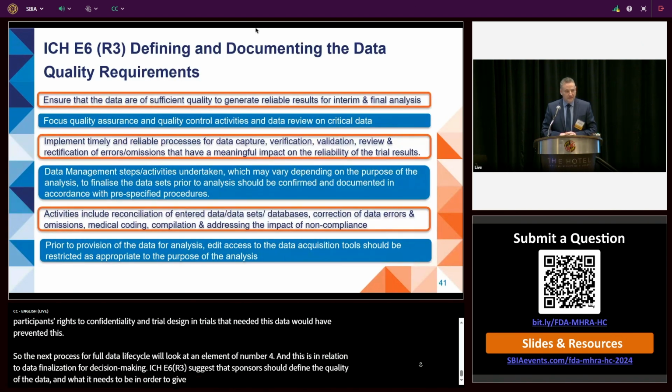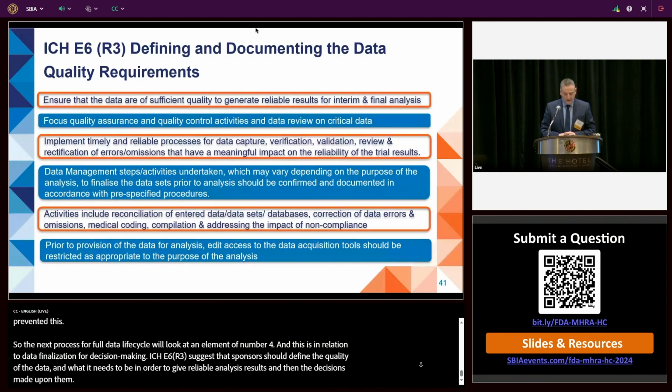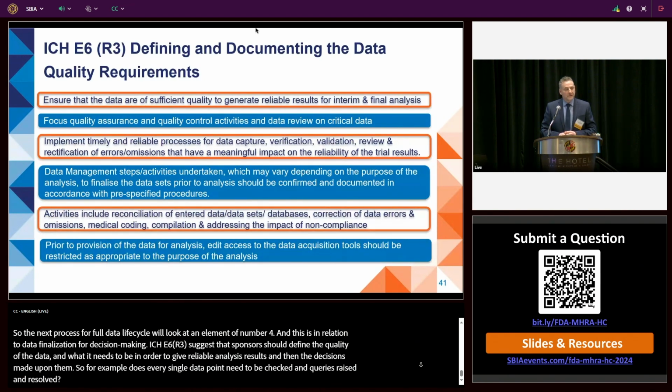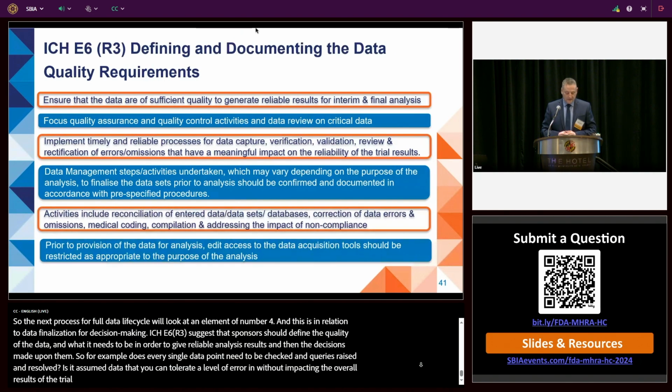So, for example, does every single data point need to be checked and queries raised and resolved? Is there some data that you can tolerate a level of error or variability in without actually impacting the overall results of the trial? Which data needs to be used in which specific analysis? So for an interim analysis, it's just part of the data compared to the final analysis.